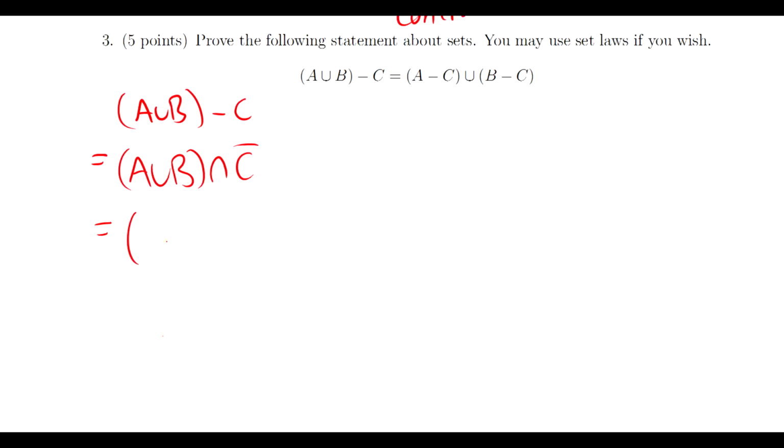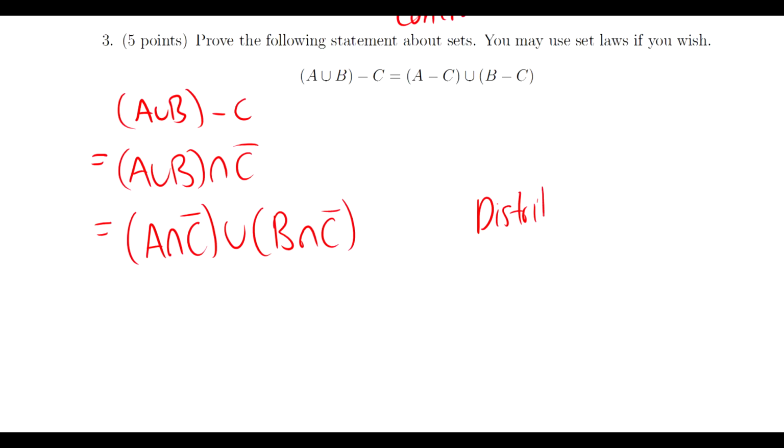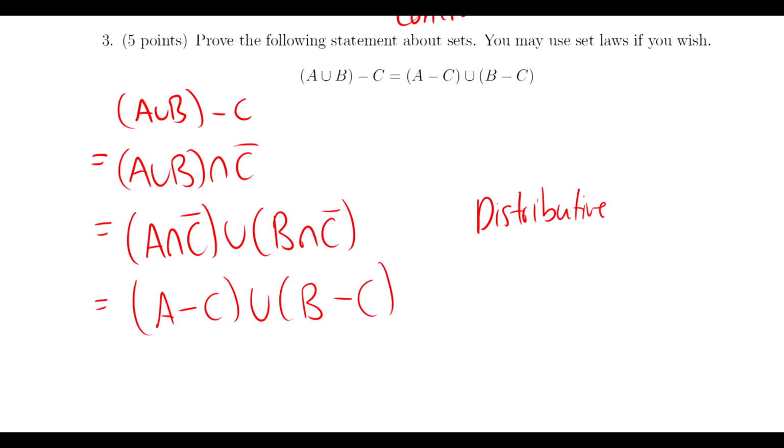With the distributive properties, this is the same thing as saying A and C bar union B and C bar. So this is by the distributive property. Then by difference, this is the same thing as A minus C union B minus C. So the proof is complete by set laws.